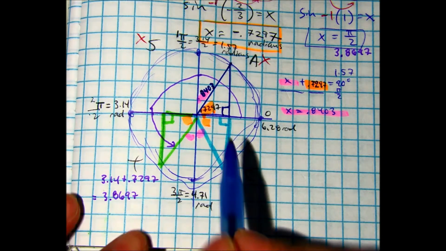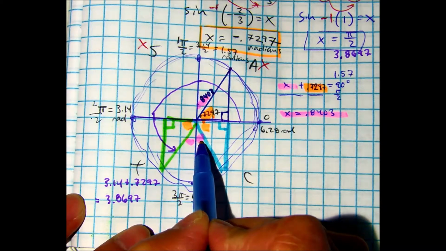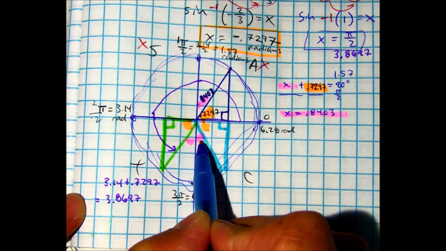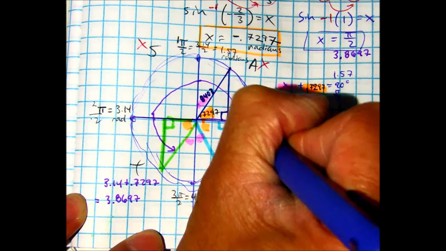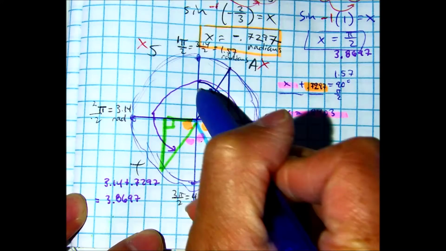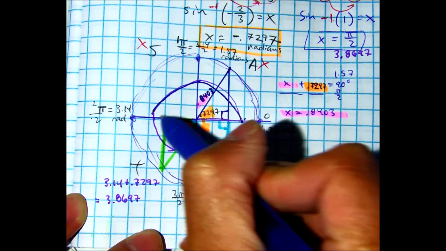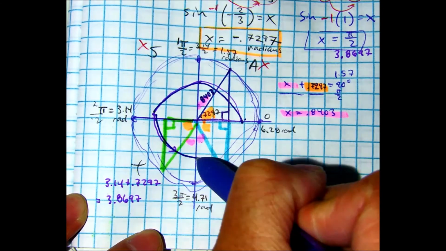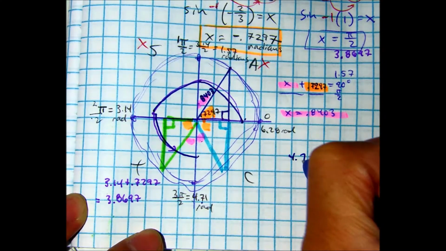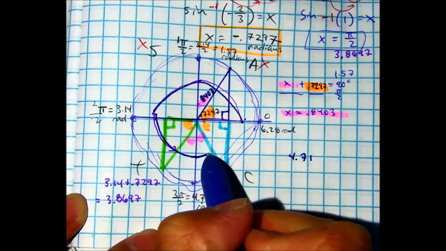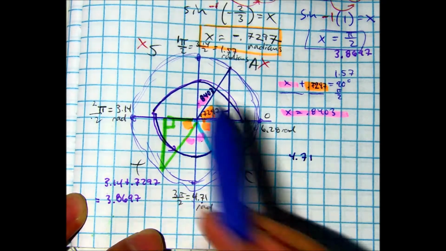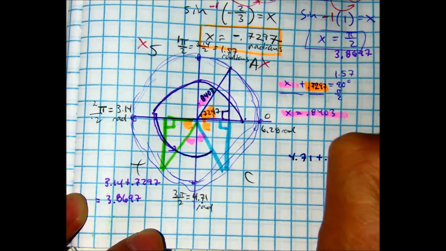Correct. So you use the pink, and what did you add that to? Correct. So we're starting here. 1.57. 3.14. Then you're going all the way over here to 4.71. And then she's not adding the orange, but the pink. So that would be plus 0.8403.